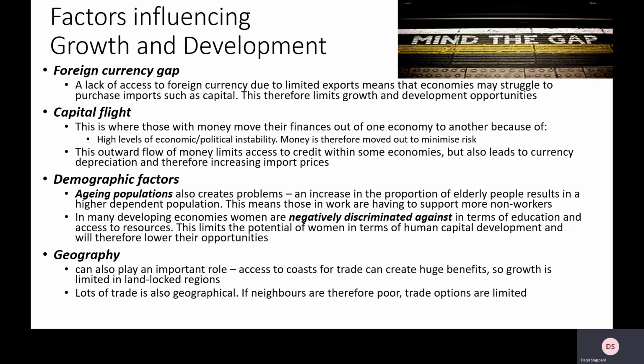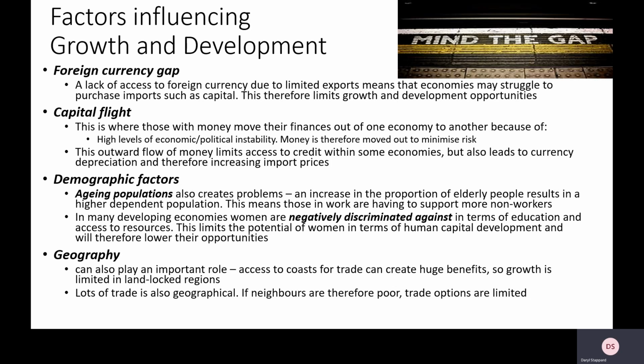So what developing economies would like is a big pool of access to American dollars, euros, British pounds, etc. And that would allow them to buy imports from those different economies. So they need those imports of capital to expand and improve their economies. If they can't earn our currency, they cannot buy from our countries. And that therefore, again, limits growth and development in their countries.